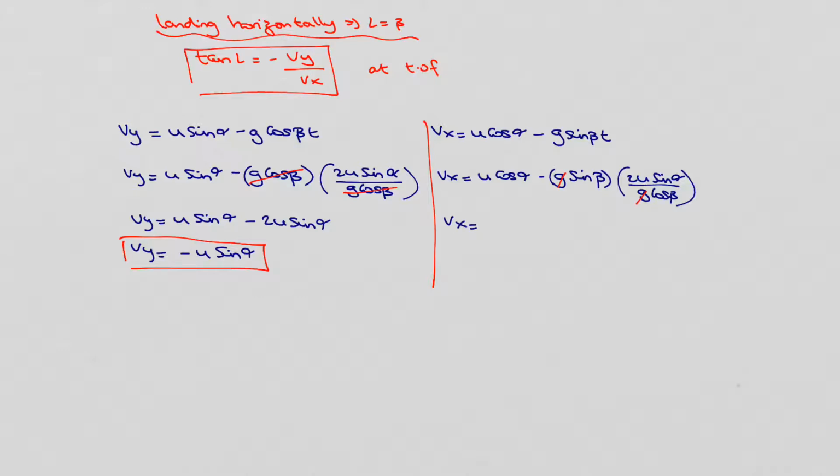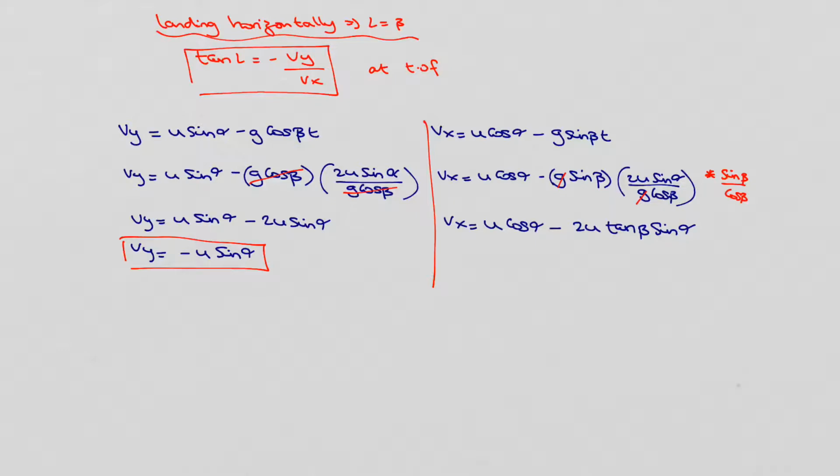But what you should notice is that you have a sine beta over a cos beta there. And we know that sine over cos is equal to tan. Okay, so we have u cos alpha minus 2u sine beta over cos beta is tan beta, and then I'm left with a sine alpha. So we're getting one tan out here now.